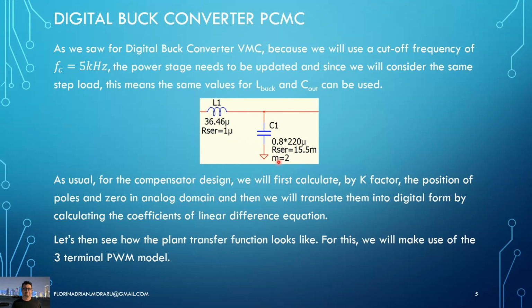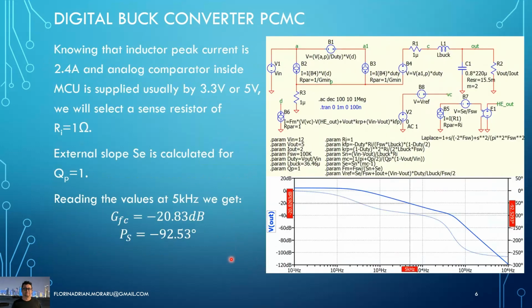So first, what we need to know is the plant transfer function, and we want to extract the gain and phase at the desired cutoff frequency from the plant Bode plot. Okay, so for this, I prepared a simulation making use of the three-terminal PWM model.